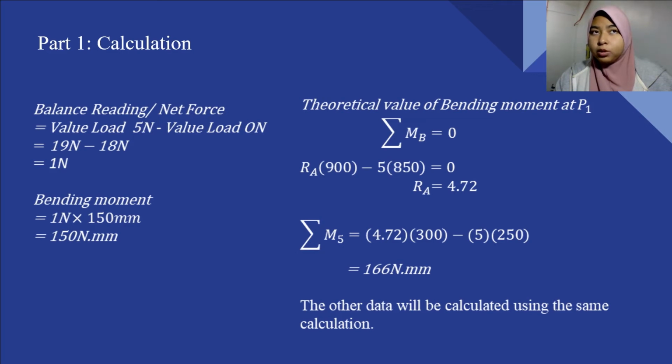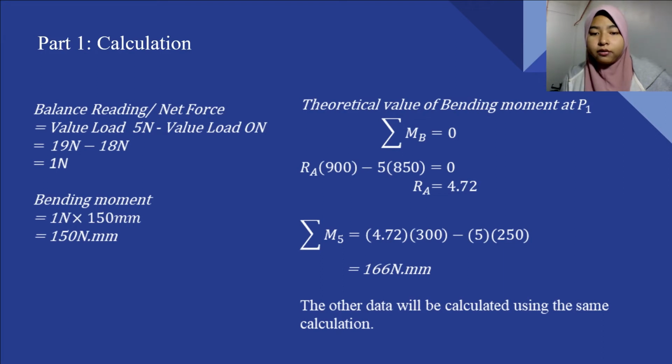How to get the distance of P1: the original length 900 millimeter will be minus the 50 millimeter. So we get 850 millimeter. Then calculating the value of RA, we get 4.72 Newton.